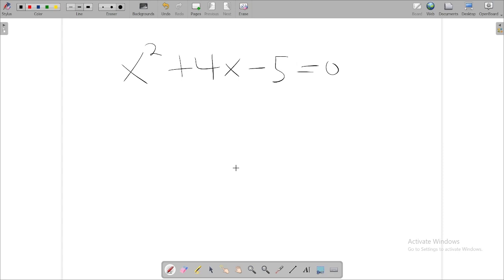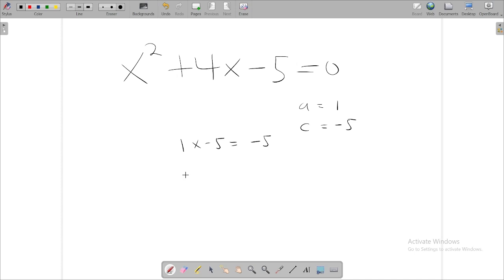Okay, so in this case, our a is equal to 1, and then our c is equal to -5. So for the first step, our product AC will be 1 times -5, which gives us -5. Now to find the factors of -5 such that when we sum them up, we will get 4, we need to consider the factors.